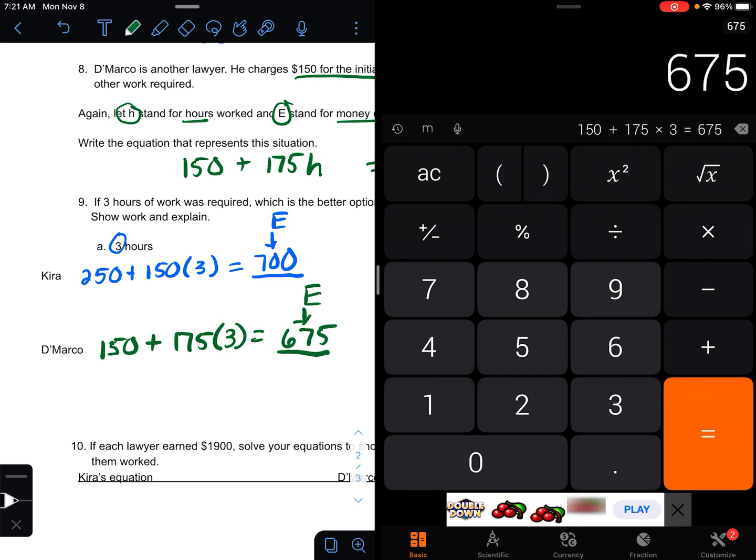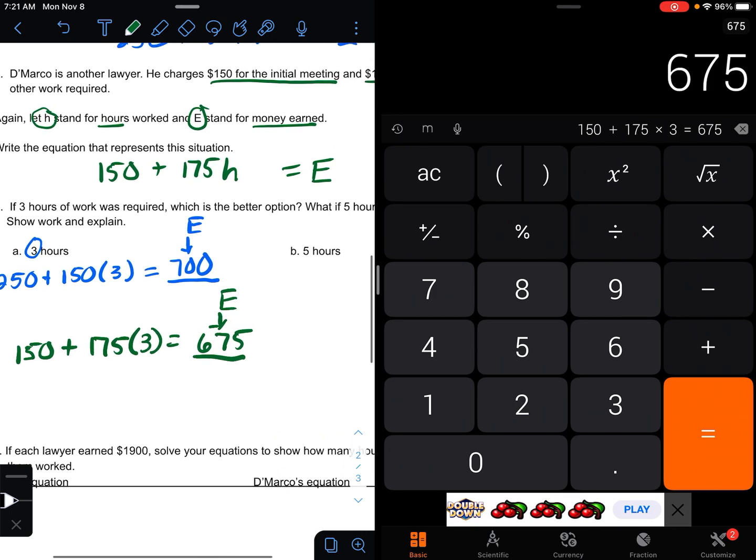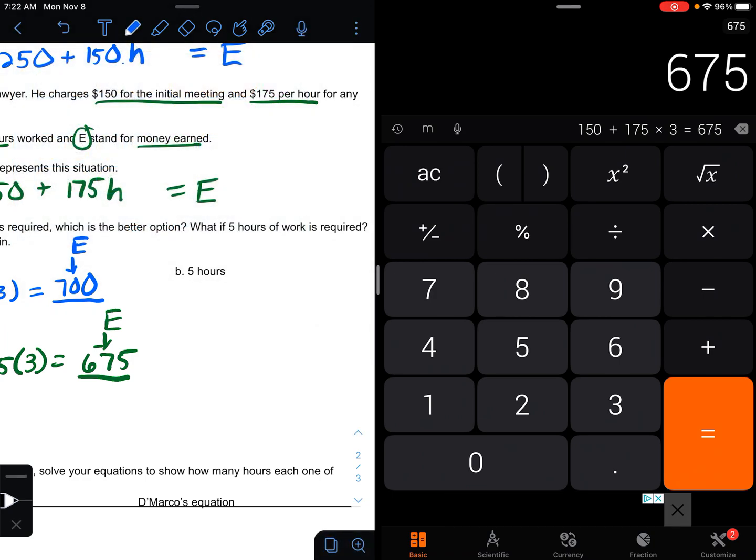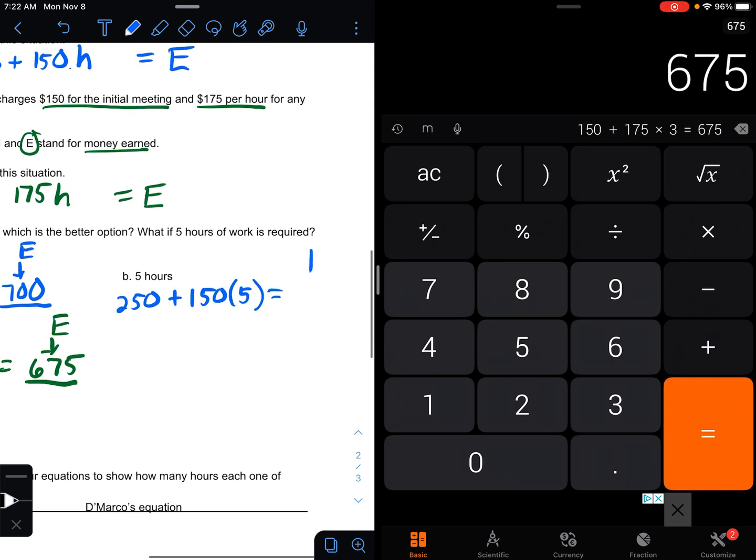So he earned a little bit less for 3 hours, but pretty close actually. Let's do the same thing for 5 hours. So for 5 hours, Kira, again, her equation is 250 plus 150 times H. In this case, hours is 5. And then that's going to equal the total amount of money earned for her in 5 hours.